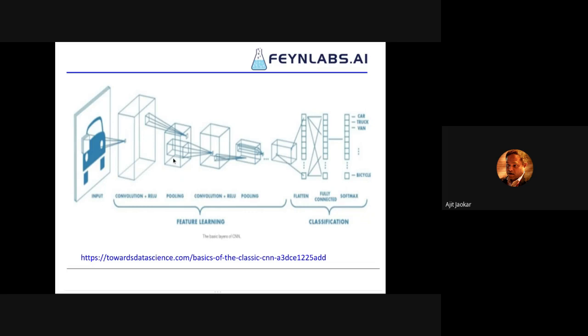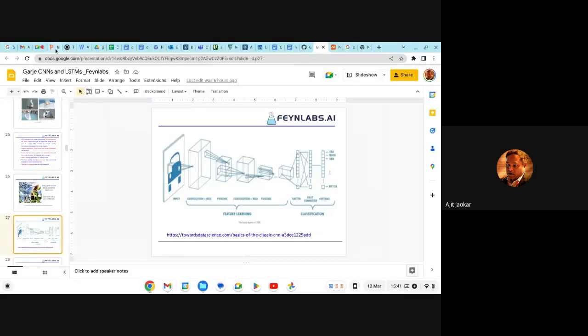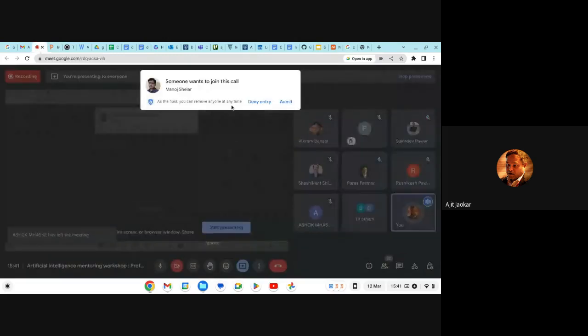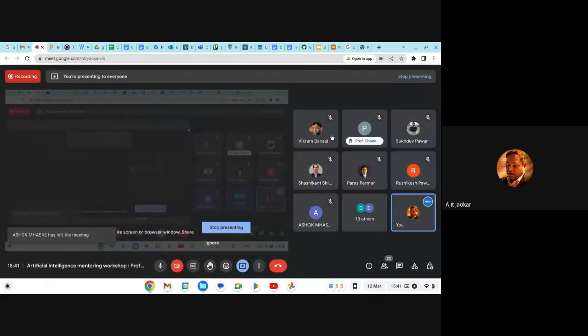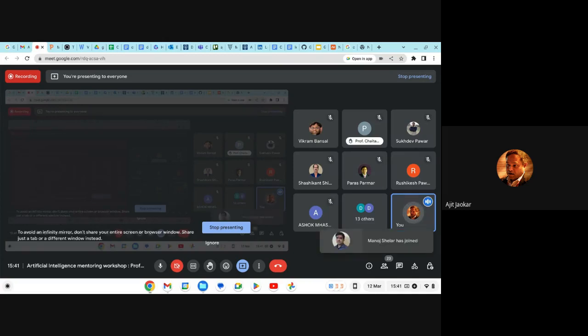Okay, so I will now take some questions before I go ahead a little bit, because this is slightly different from there. But the main point I'm trying to tell you is that if you think about the idea of the multi-layer perceptron, you took a problem and you flattened it such that you then fed it into a neural network.